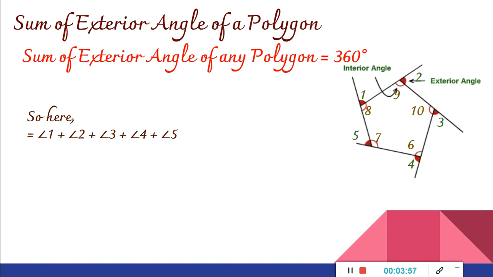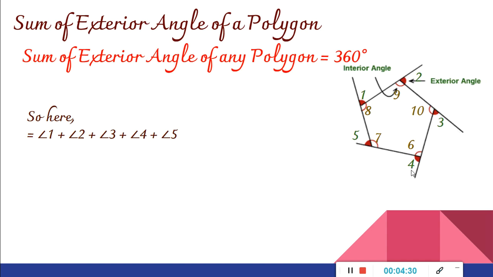So angle 1 can be written as 180 degrees minus angle 8, isn't it? In the same way, angle 2 is 180 degrees minus angle 9. Angle 3 is 180 degrees minus angle 10.